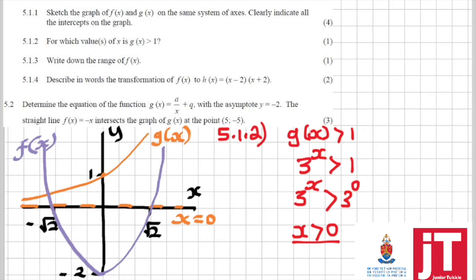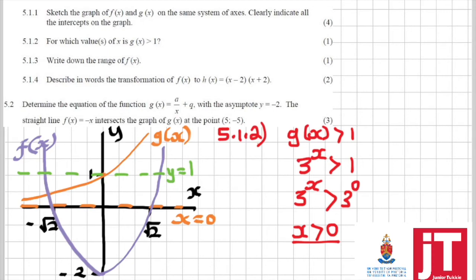Now to prove it graphically, you need to understand that if you are saying g of x is greater than 1, we know that the most important line is the line y equals 1, that dotted line in green. So we want to find for what values of x the orange graph is above that broken line.